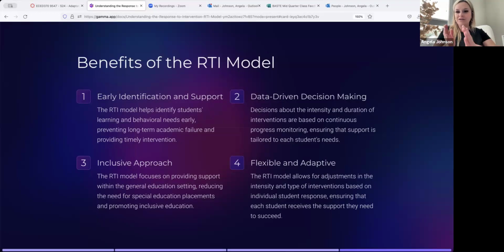So okay, you don't need to be teaching the same thing. So you can stop teaching that particular concept and then either go more advanced or teach the next concept that you need to teach that student right away. So you tailor the content and the concepts to the student's needs. So it's flexible and adaptive. I love that. So it ensures that students receive the support they need to succeed.